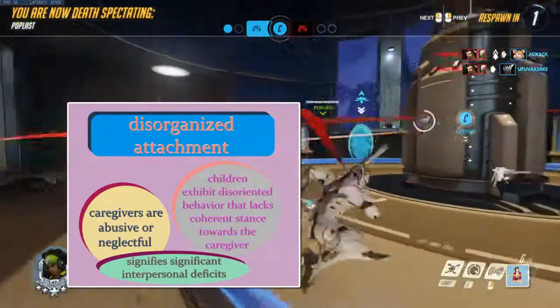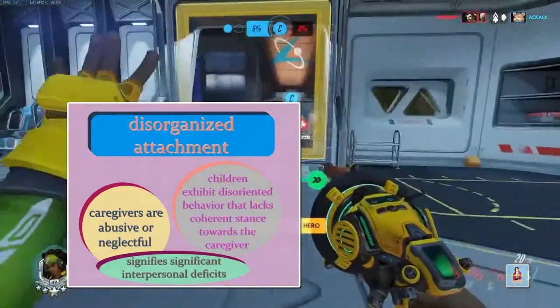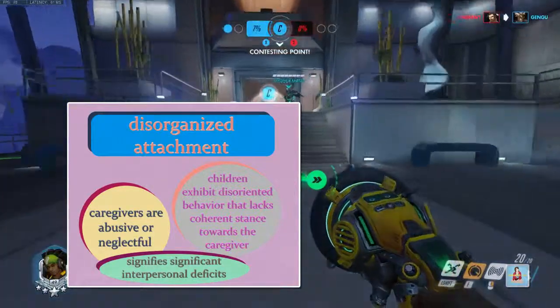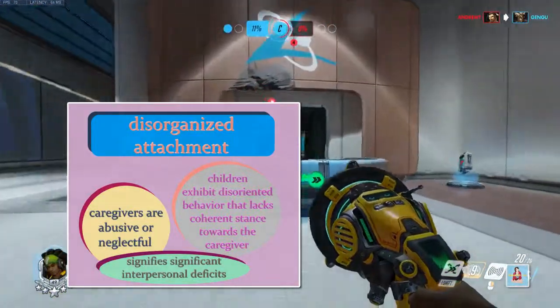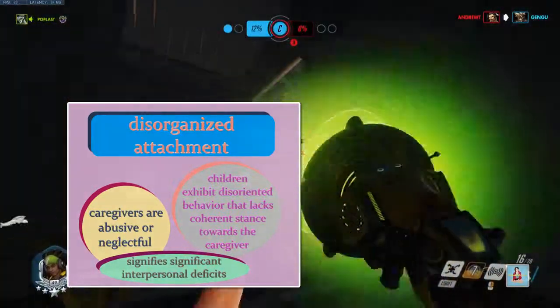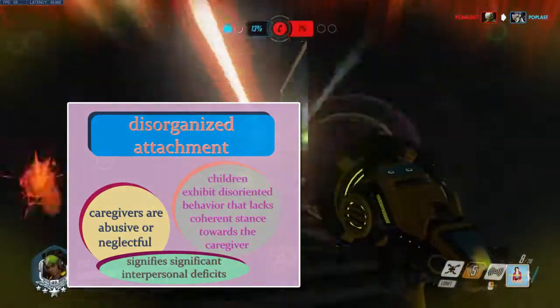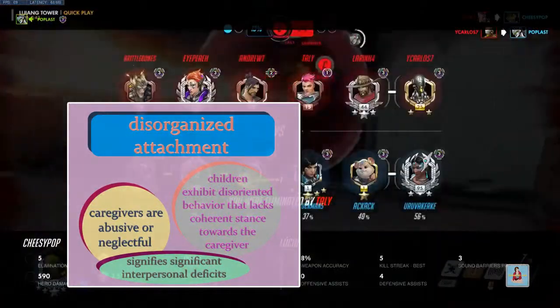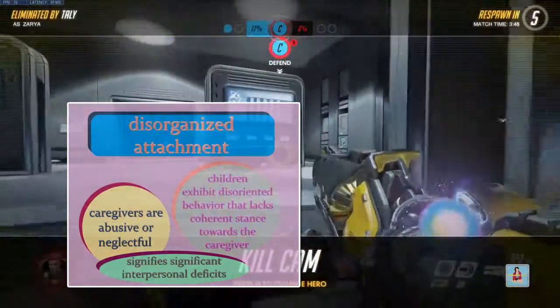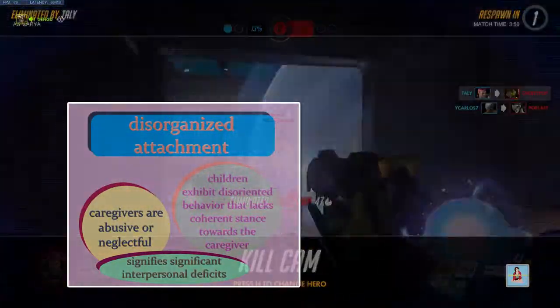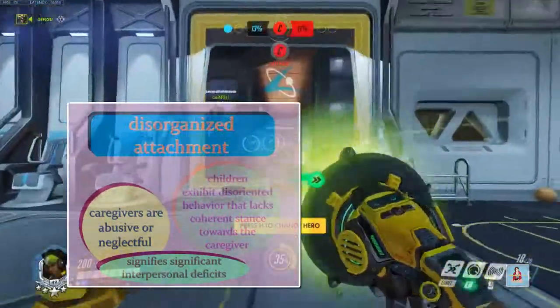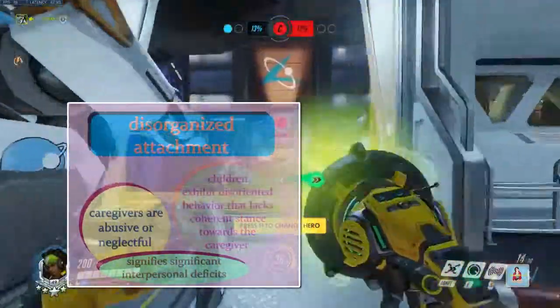Now, why this one confused me a little bit, because neglectful, I feel like that was the very first attachment thing that we talked about. But I think this is maybe explaining the margins of error with that for children who don't fall into those sorts of symptoms with that sort of attachment. Or maybe it's just adding the abusive part, because the other 2 don't really talk about abuse that much.